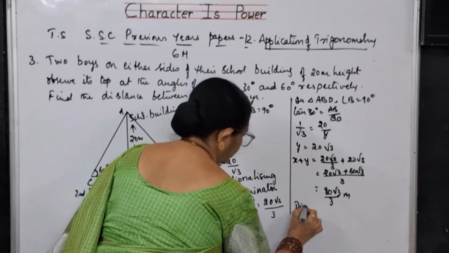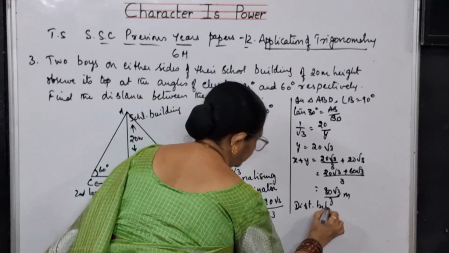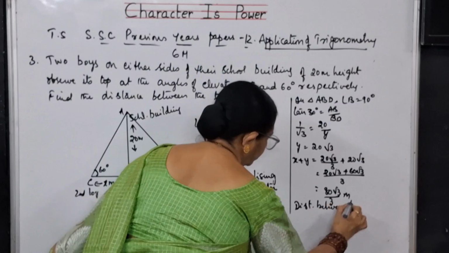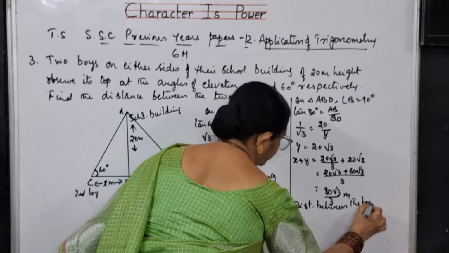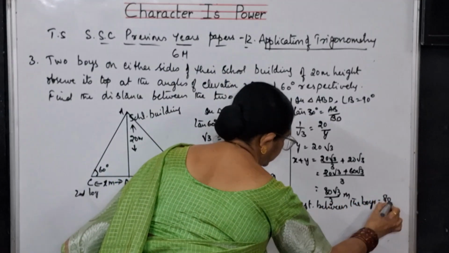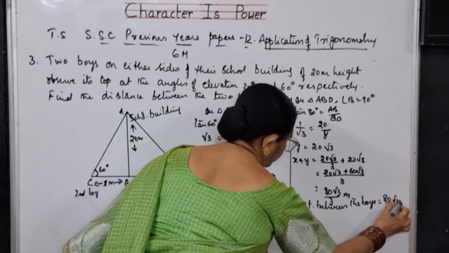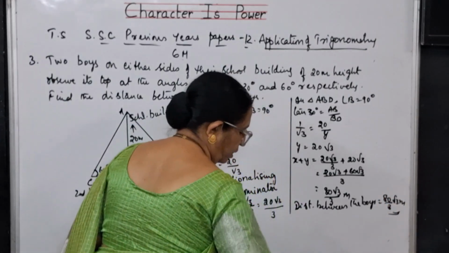So the distance between the boys is equal to 80 root 3 by 3 meters. This is the answer, children.